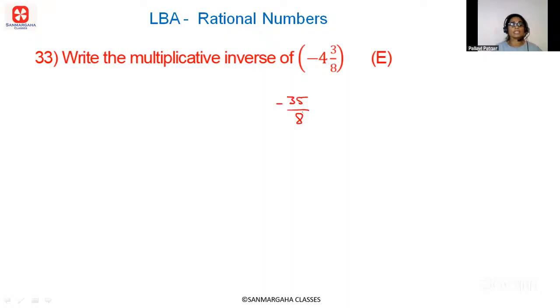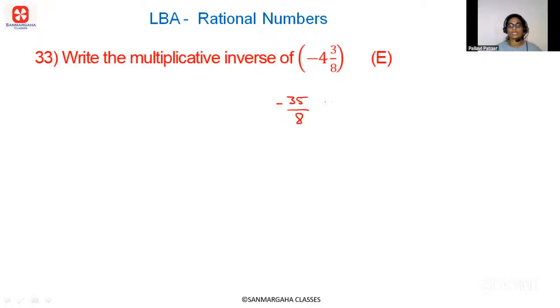Now find the multiplicative inverse of this fraction. The multiplicative inverse of a number is the value that, when multiplied by the original number, results in 1. So we have to find out that number. Simply flip the fraction, that is, swap the numerator and the denominator.